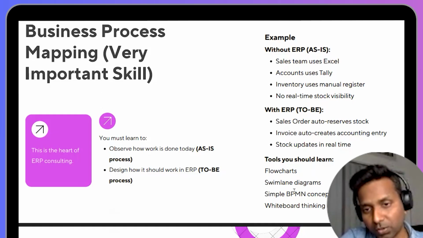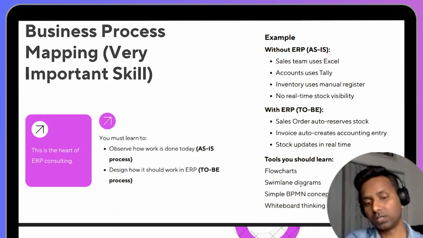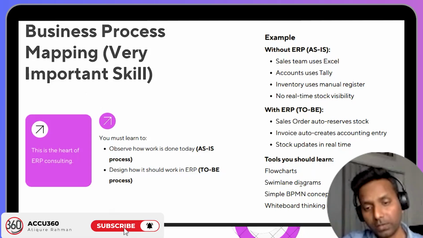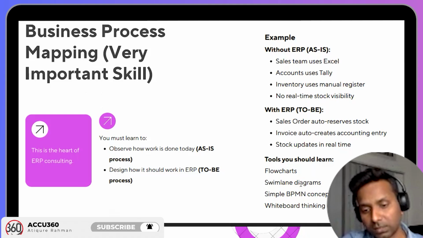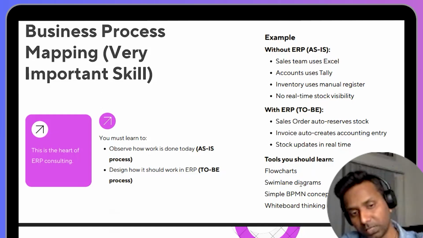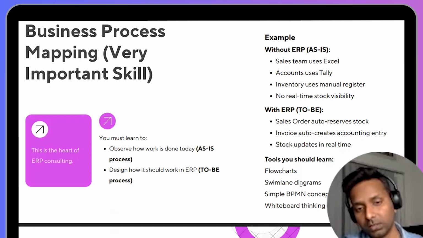When you are designing a process, you always have to use these so that you can explain it to the business owner, and also give it to the developers who need to develop. If any customization is required, a flowchart is always the better option to communicate between the customer and the developer, because a consultant is someone dealing between the businessman and the development team. So a consultant has to know some tools to communicate between all the teams.